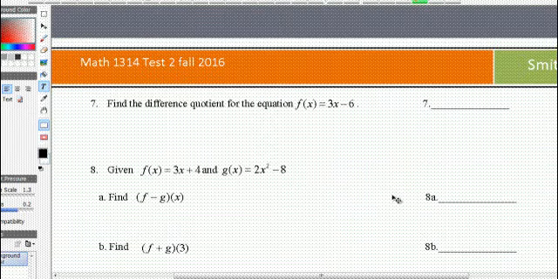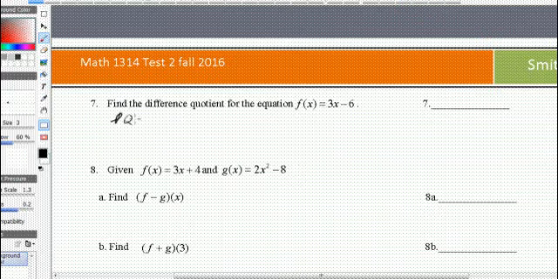Next part here says find the difference quotients. Go back to the formula. Everything's all about plugging stuff in. The difference quotient simply says DQ is equal to f of x plus h, so everywhere you have an x, you're going to put x plus h, minus f of x, divided by h.